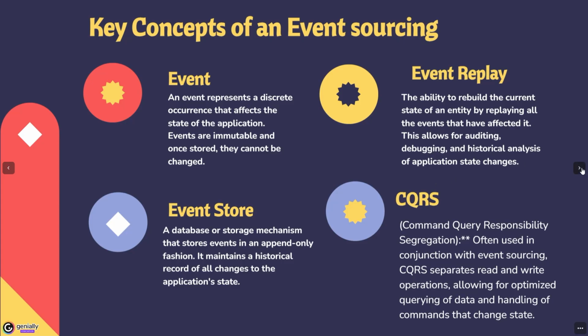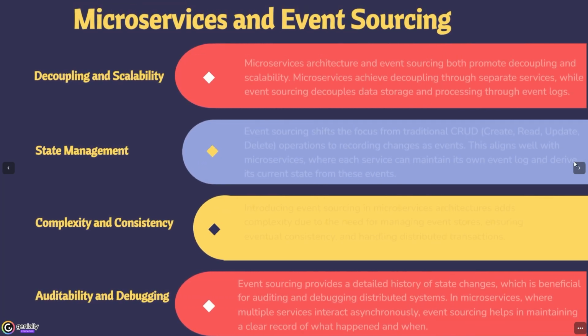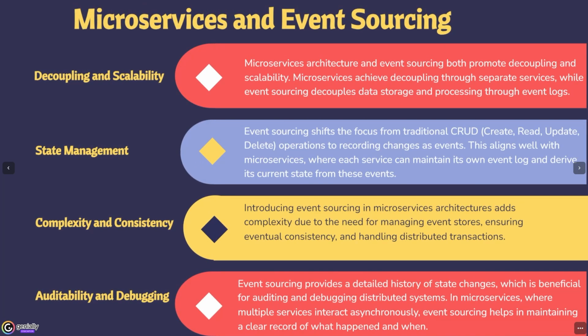There are some relationships between microservices and event sourcing. One is decoupling and scalability. Microservices architecture and event sourcing both promote decoupling and scalability. Microservices achieve decoupling through separate services, while event sourcing decouples data storage and processing through event logs.